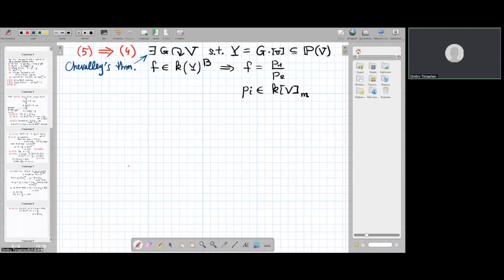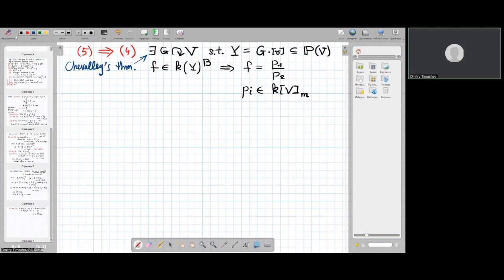But these polynomials are sections of a line bundle, this O(m). And basically, we can do with these polynomials the same thing which we have done when we proved that condition 7 implies condition 4 under the quasi-affinity assumption.